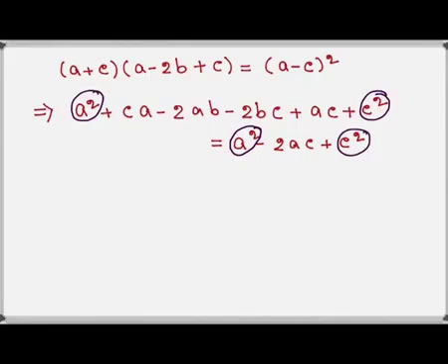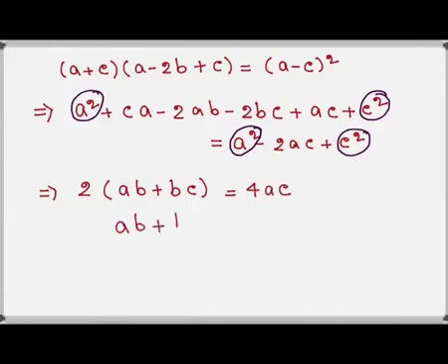So finally we get 2 into (ab plus bc) is equal to 4ac, and this can be written as (ab plus bc) divided by 2 is equal to ac.